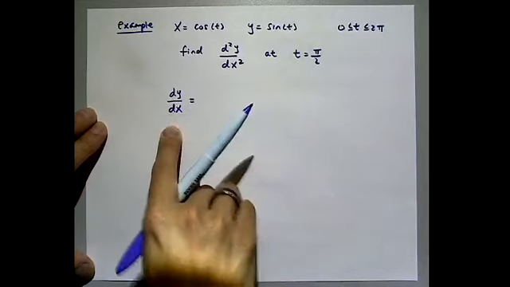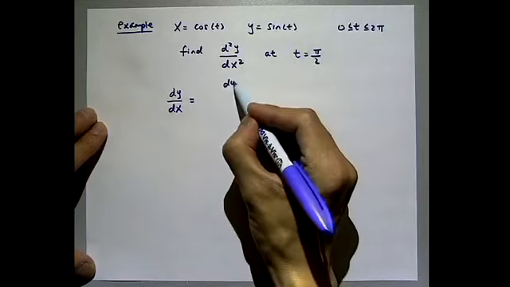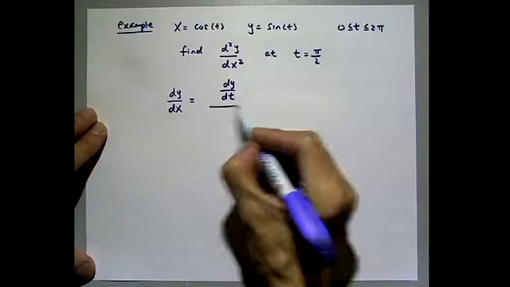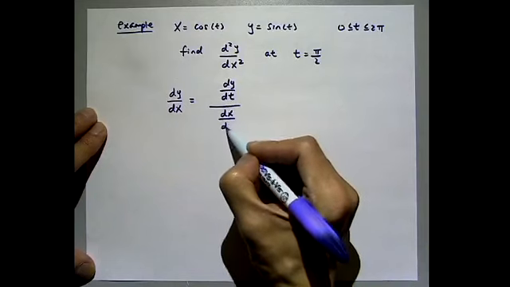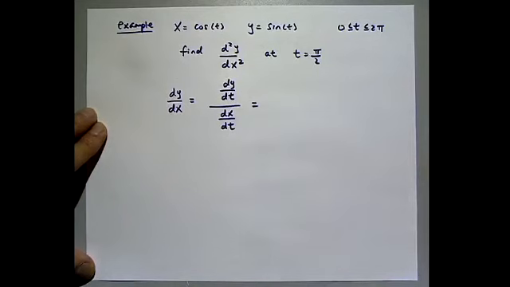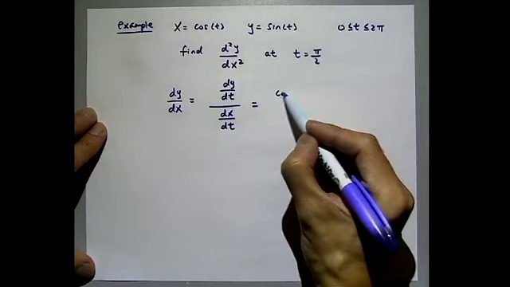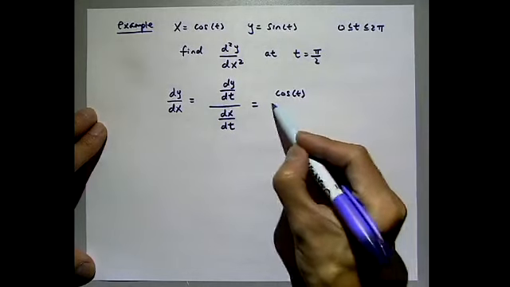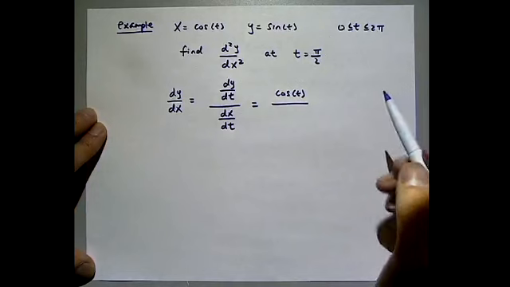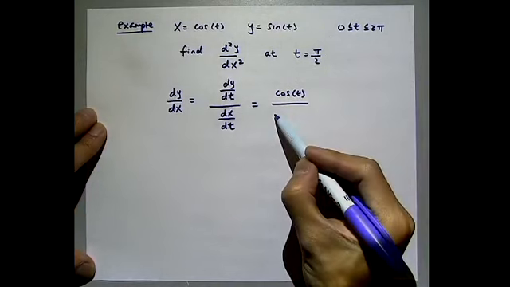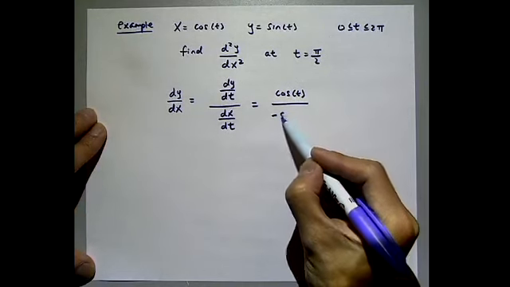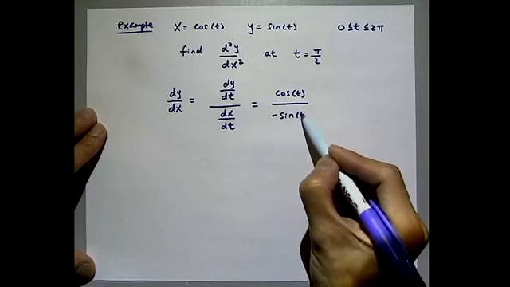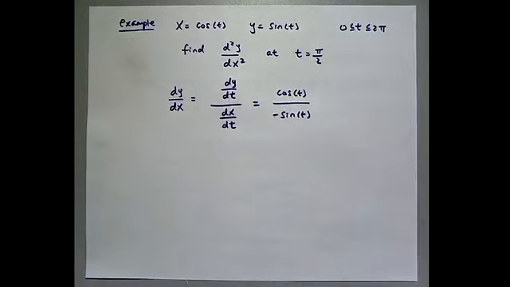First, let's redo this first derivative, dy/dt over dx/dt: cosine of t and negative sine of t, right? We did that already, nothing new there.